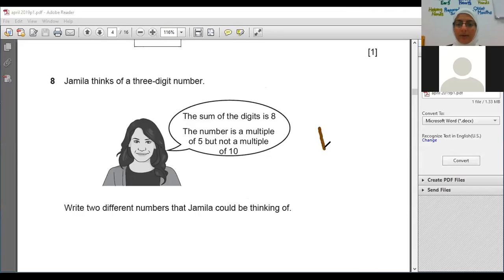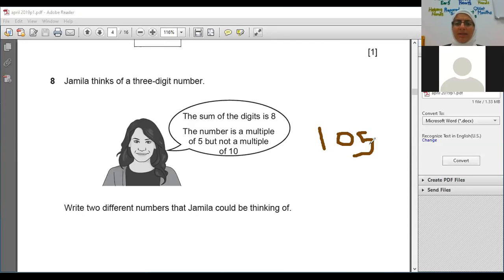I will start first with 105. So 105 is a number that's in table 5, and it's not in table 10. When we add the digits, 1 plus 0 plus 5 gives me a 6. Is the sum equal 8? No. So let's think of another number.